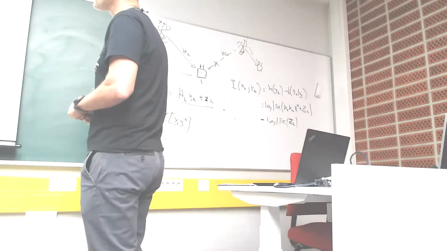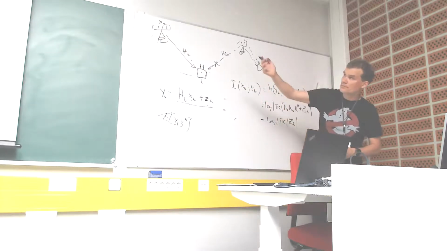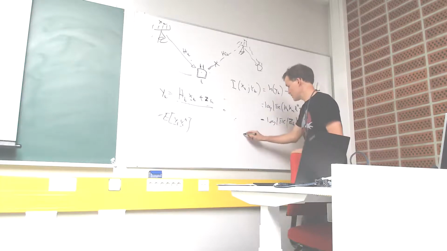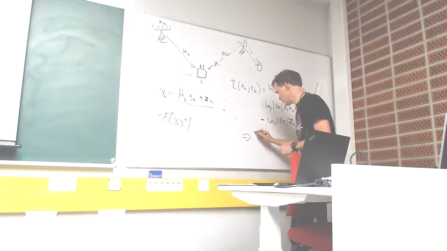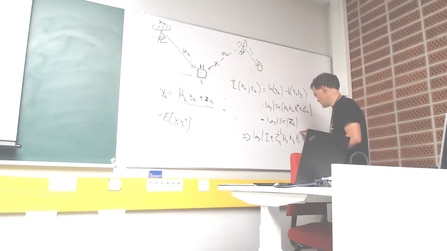Of course, we can take the ZK inside. And this can be written equivalently as log det of I plus Z inverse square root HK KXK HK Hermitian Z inverse square root.